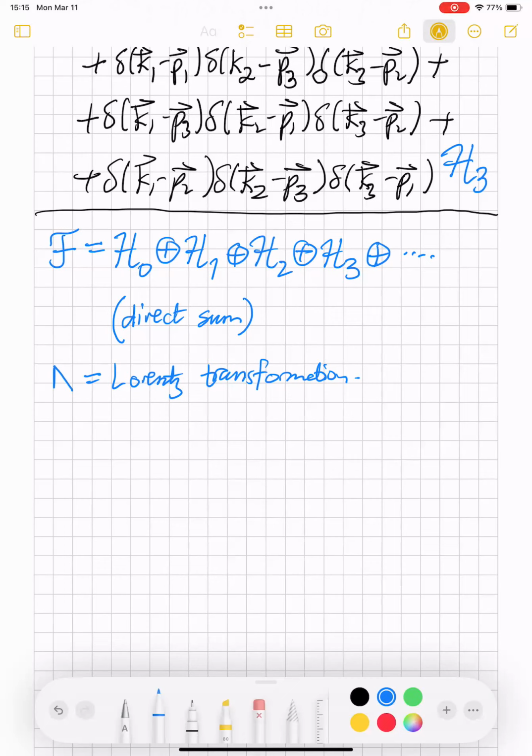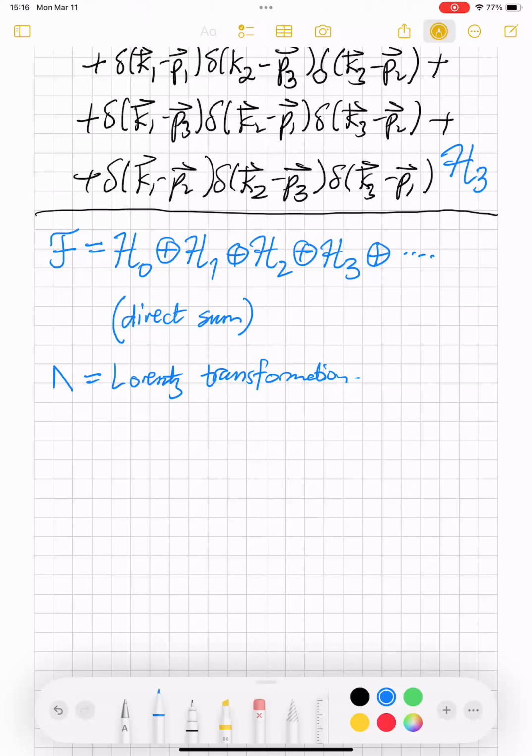Now you're in a different Lorentz frame. You're moving with respect to me. So if you look at this particle, we don't agree on the speed of the particle. But one thing that we do agree on, we both agree that there's one particle. If I do some Lorentz transformation, I'll change the velocity of this particle. I will see the velocity change. You will also see the velocity change, but we'll still agree that it's just one particle.